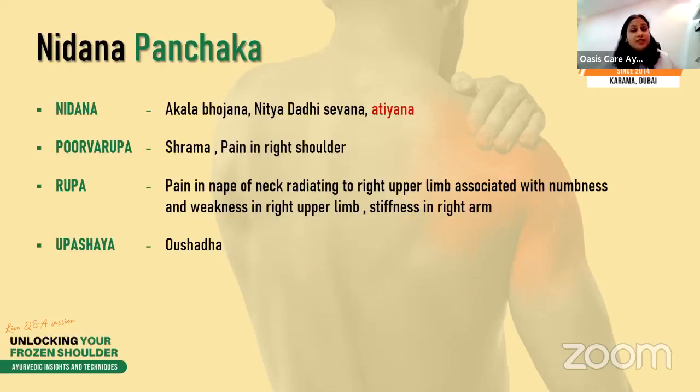Now, this is a very interesting thing, how we can see that frozen shoulder is happening because of this reason. One kind of nidana is akala bhojana. Nowadays, as per Ayurveda, we always tell that your timing of eating should be proper. Your lunch should be before 2 o'clock, your breakfast before 10 o'clock, and your dinner should be very early.